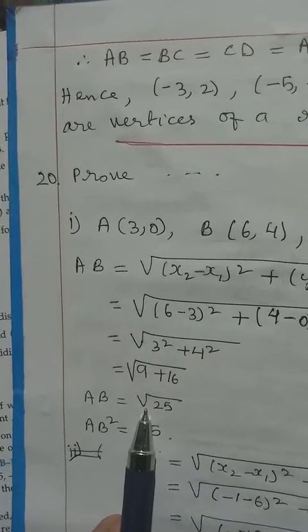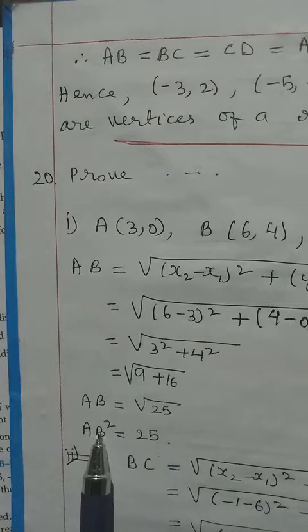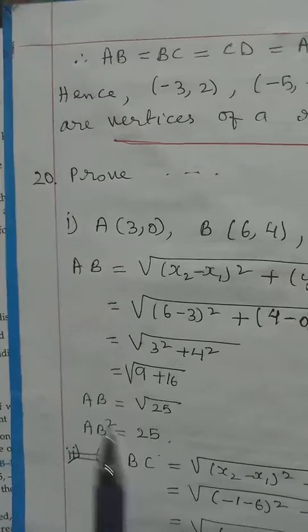We get 25. Then since we have to show it is a right triangle, we can take the square as 25.